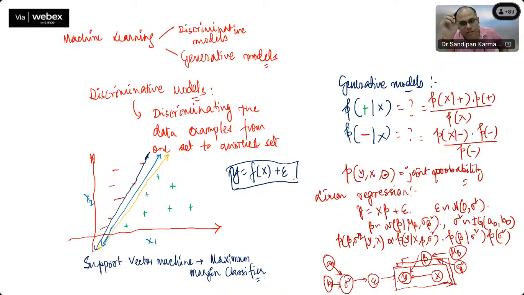But in case of Bayesian, it is inherently causal in nature, so we are exploring and exploiting the causality also.